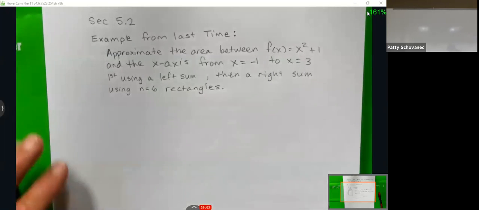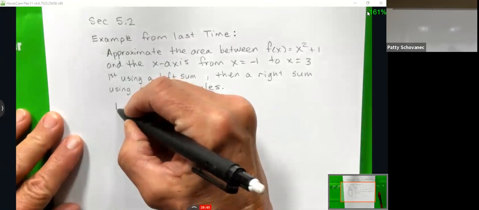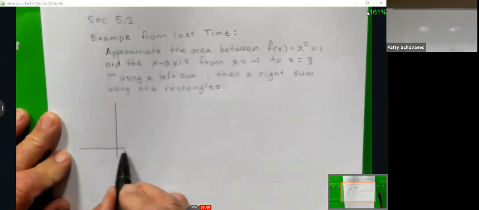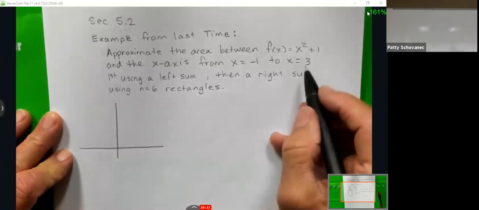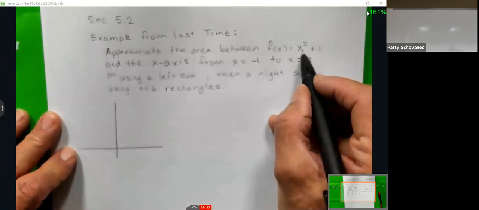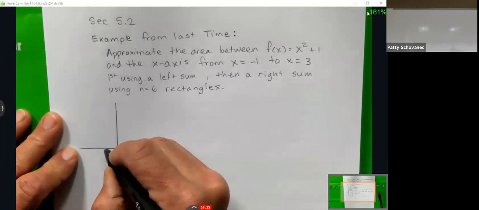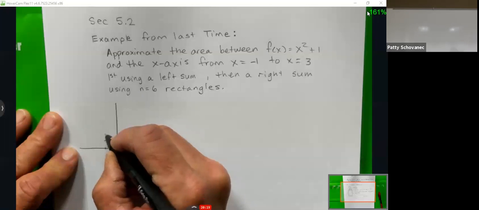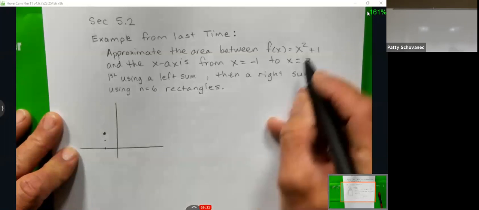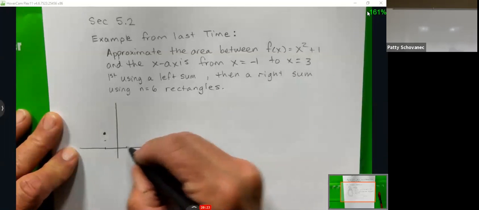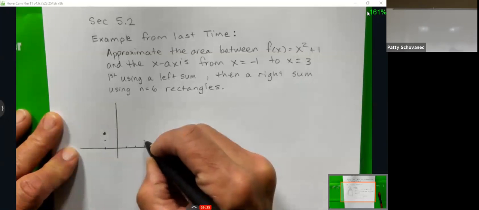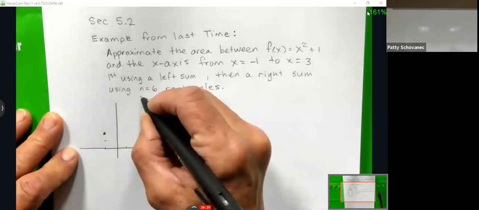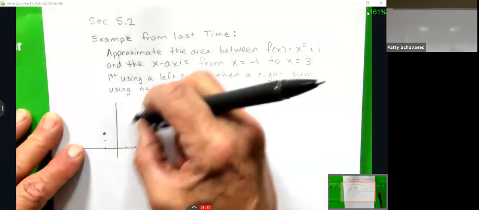So let me draw you the picture. There's the y-axis here. When x is -1, y is equal to 2. When x is 3, y is equal to 10. Didn't leave my scale big enough.